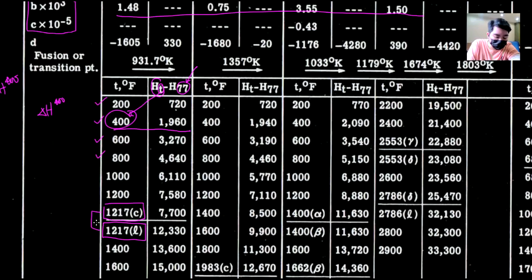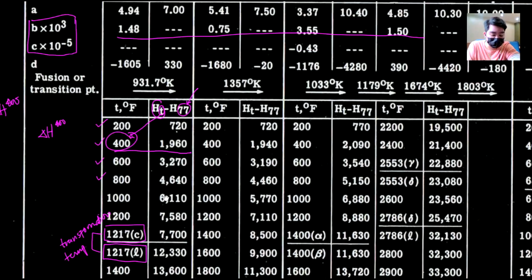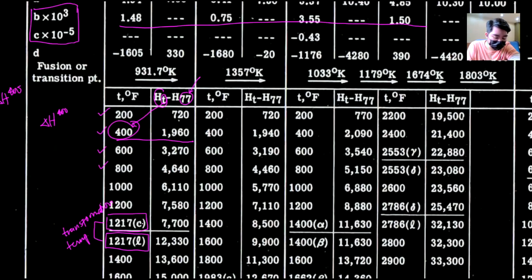So this means that this is actually your transformation temperature. Okay? This is the transformation temperature. And for this particular case, this is the melting temperature of aluminum because C dito signifies crystal, which is solid. Tapos yung L dito signifies liquid. Okay, so it transforms from the solid to the liquid phase, and this is the associated na delta H.